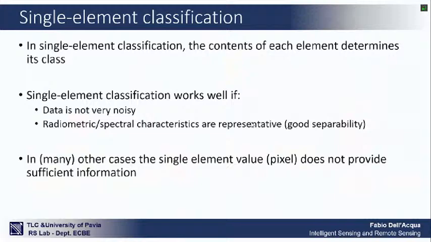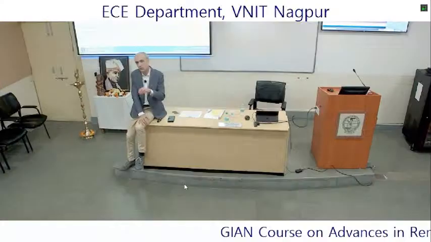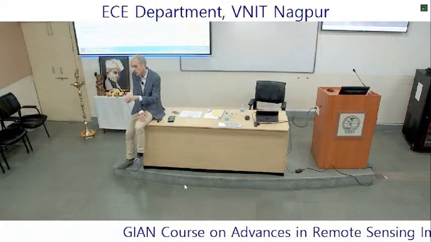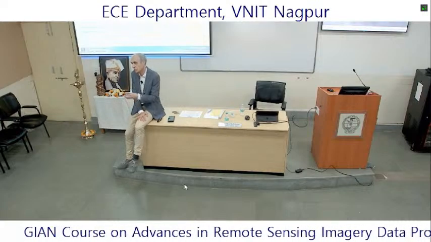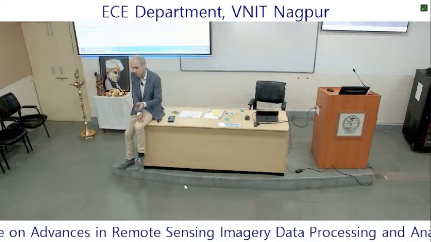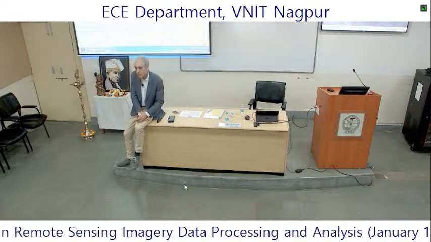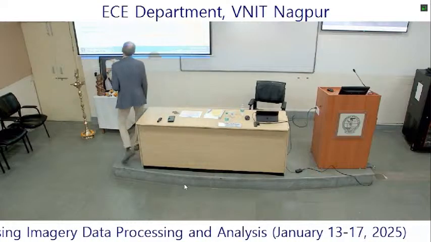For example, if you're doing a simple task like separating vegetation from bare soil or vegetation from urban, then the spectral responses are different, and the simple spectral information in the individual pixel is sufficient for you to say whether this is vegetation or bare soil. In other cases, this is not possible.